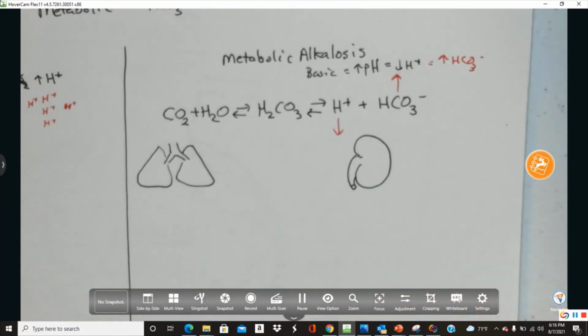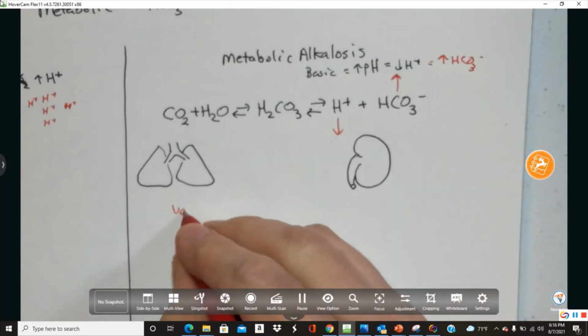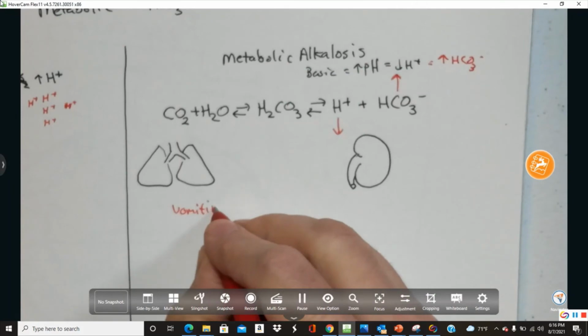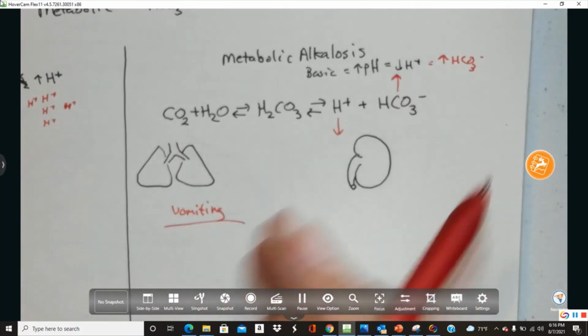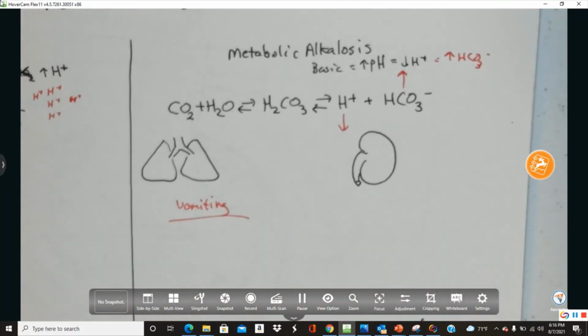One of the big things that happens is vomiting. When someone vomits, stomach gastric juice, remember, has a pH of 2 and carries around hydrogen ions.